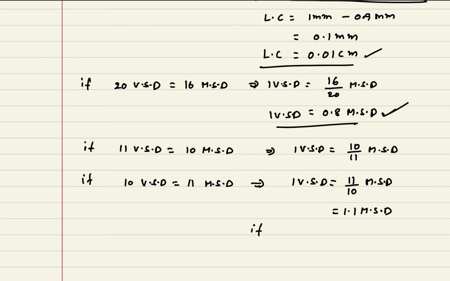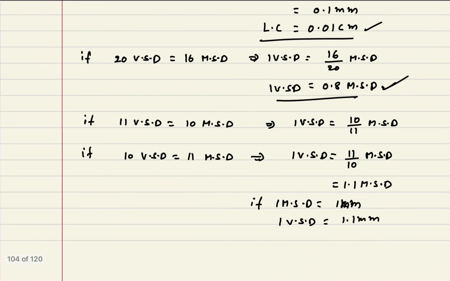In this case, suppose 1 MSD value is equal to 1 millimeter. In that case, how much value will 1 VSD be? 1.1 millimeter will be there. Observe this carefully, how to write these VSD values. In this case, don't calculate the least count as 1 MSD minus 1 VSD. Don't write least count in this case as equal to 1 MSD minus 1 VSD.